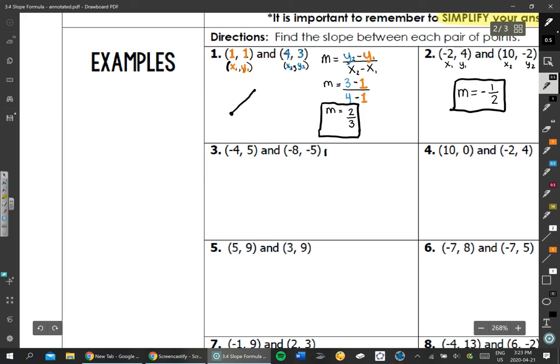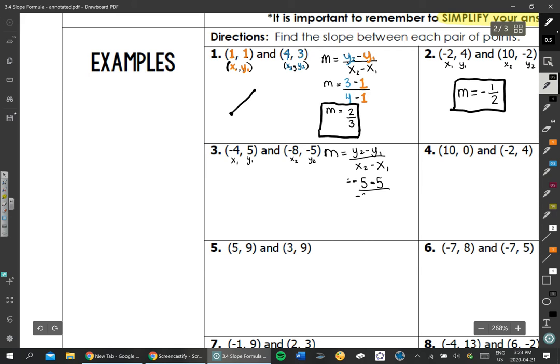First, label them: X1, Y1, X2, Y2, just to keep it straight in your own head. So M is equal to Y2 minus Y1 over X2 minus X1. Y2 is negative 5, Y1 is 5.